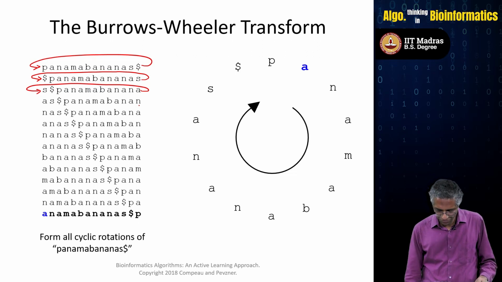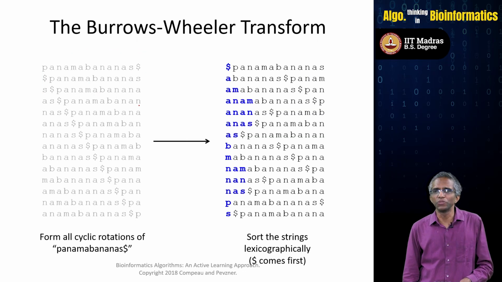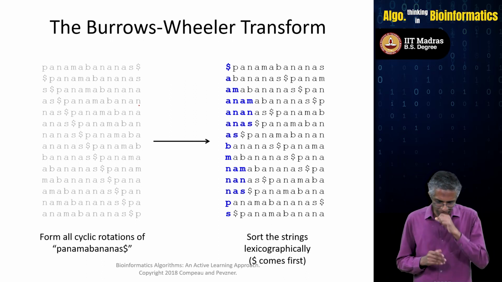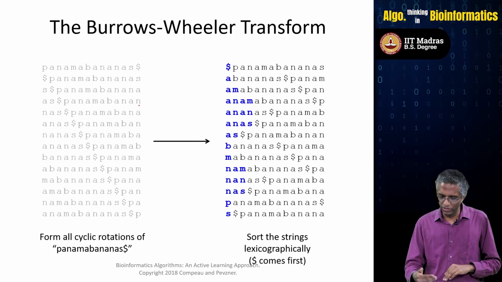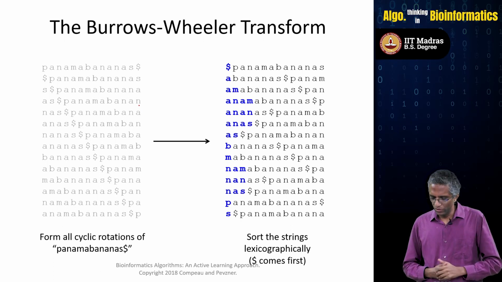Now the next step is, once you have formed all the cyclic rotations, you sort them lexicographically. That is the key step here. You just sort this set of cyclic rotations lexicographically, and dollar comes first. What is lexicographic sorting?